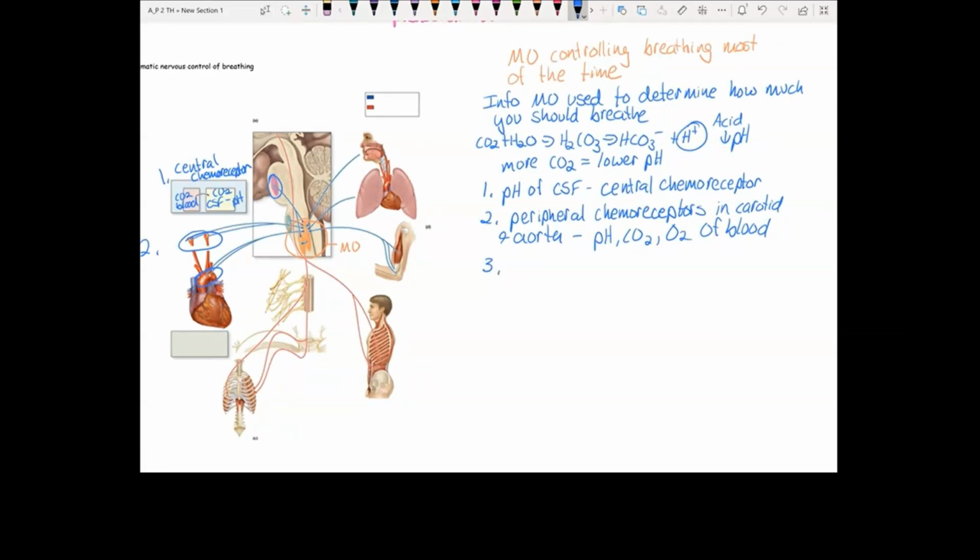Then the third one we have right up here is if you have any irritants, like something gets in your nose or gets in your throat and is going to make you sneeze or cough.